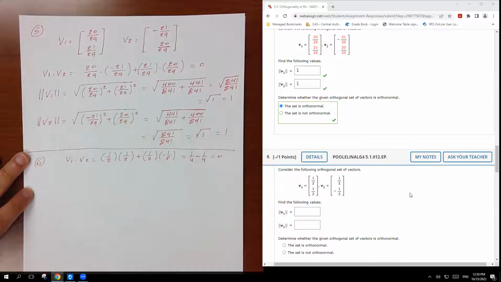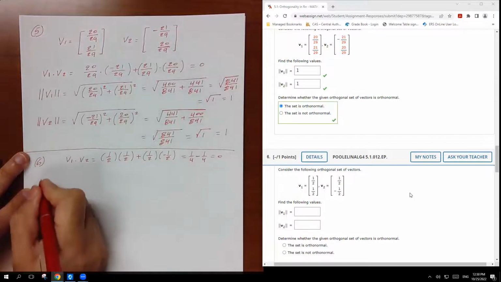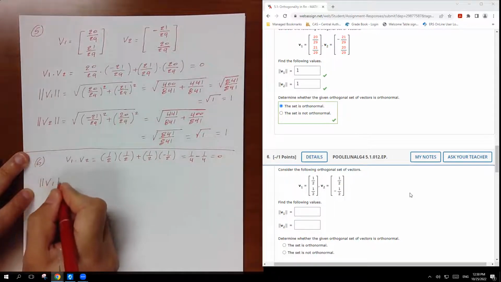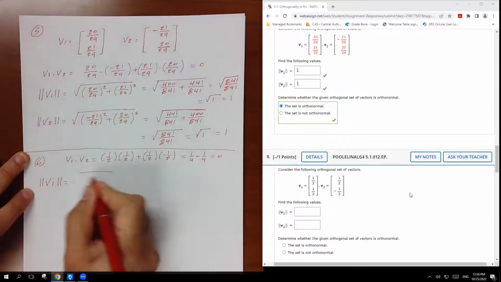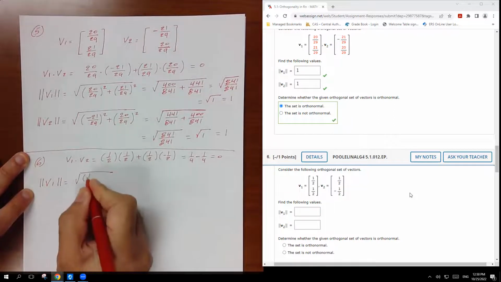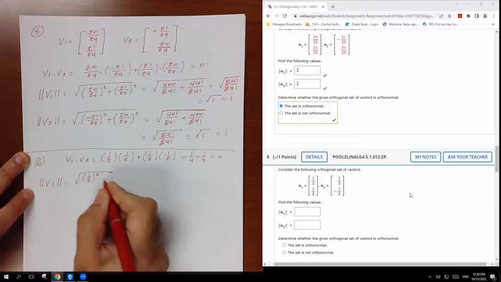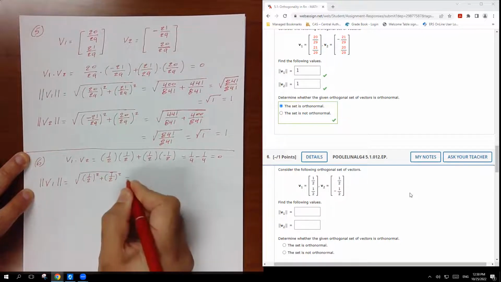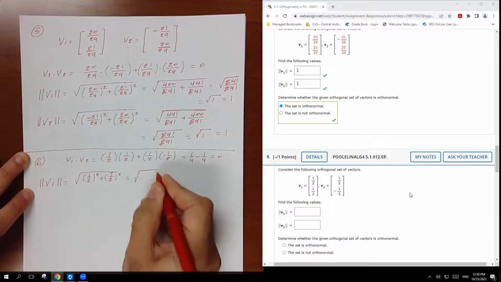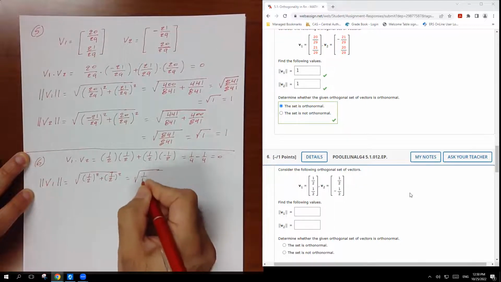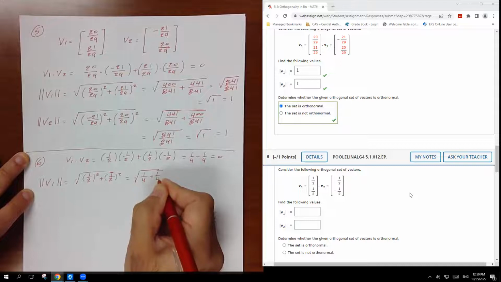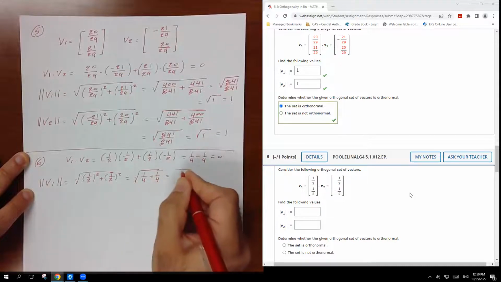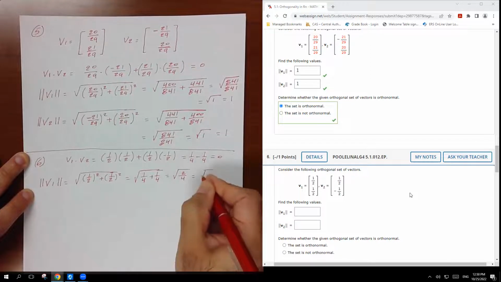Now we have to check the length of each vector. The length of V1 is going to be the square root of half squared plus half squared. It's the square root of 1/4 plus 1/4, then the square root of 2/4, which is the square root of 1/2.